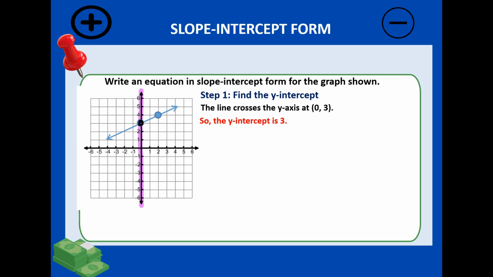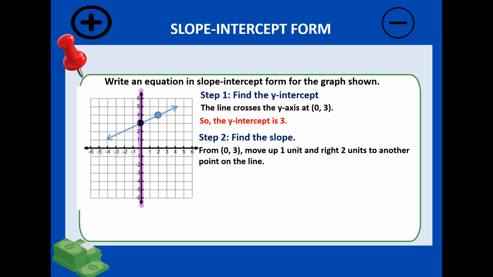Step 2. Find the slope. How are we going to find the slope given the graph? We're going to use 2 points. The first point is (0, 3) and the second point is (2, 4). From point (0, 3), move up 1 unit.